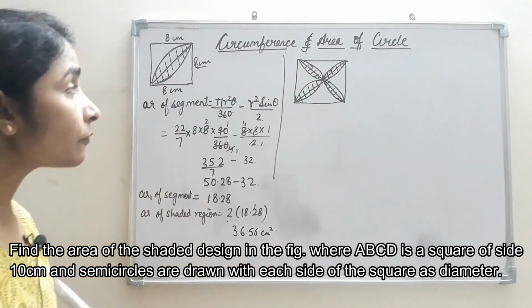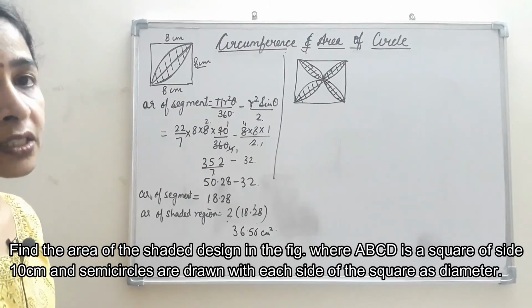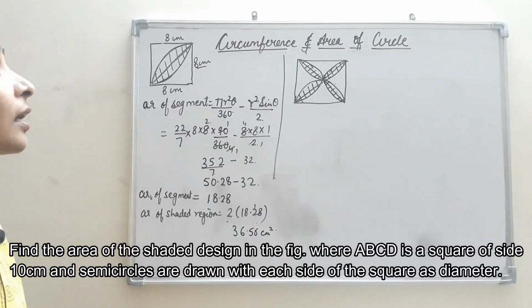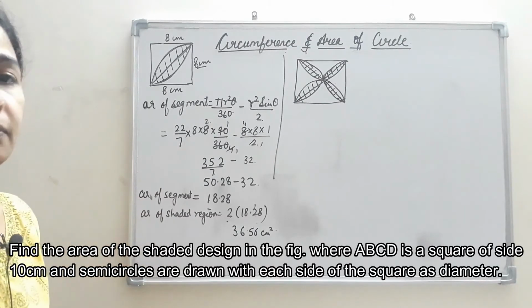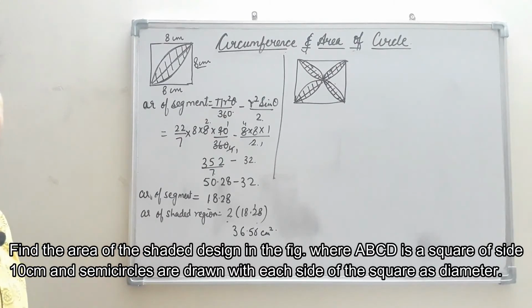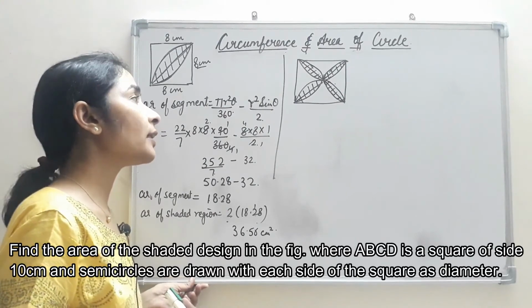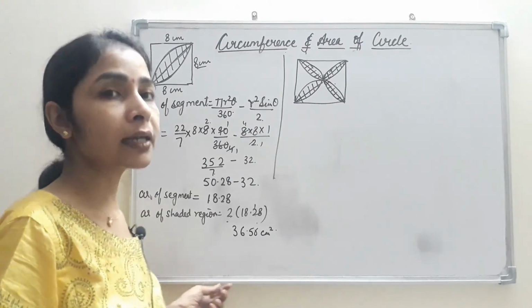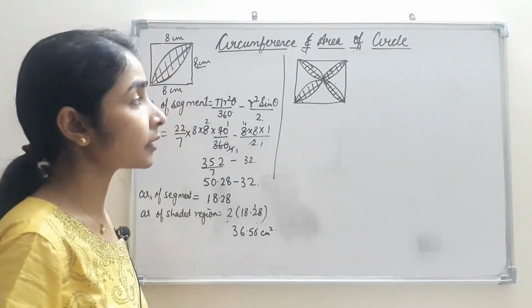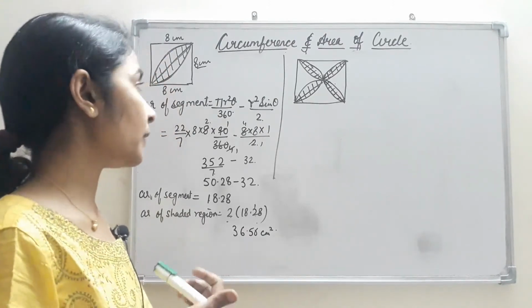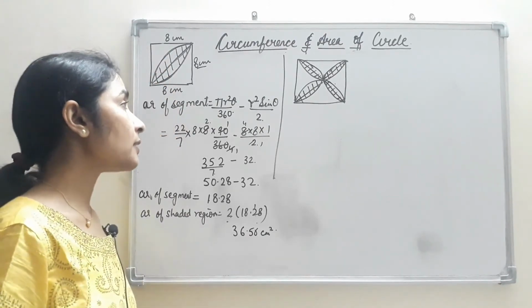So if we find out the area of this one segment, then we can multiply it by 8 and find the area. Another way is again the same thing, finding out the area of a semicircle and then multiplying it by 4 and then subtracting the area of the square from it, then also we'll get it. The procedure is the same.